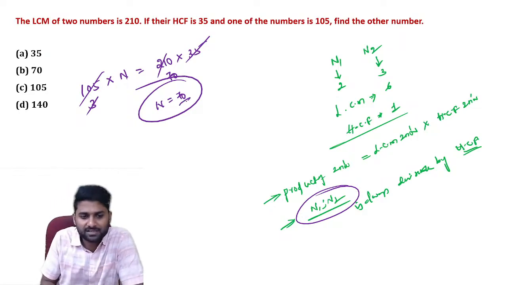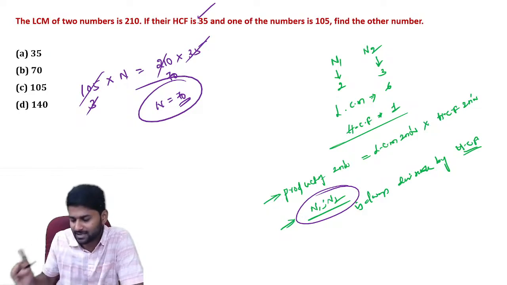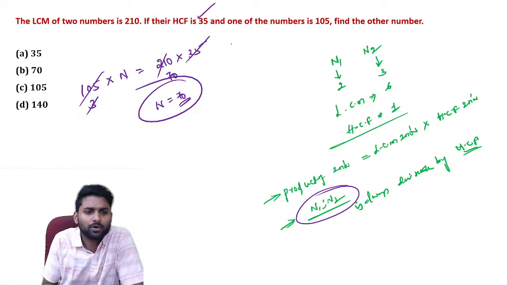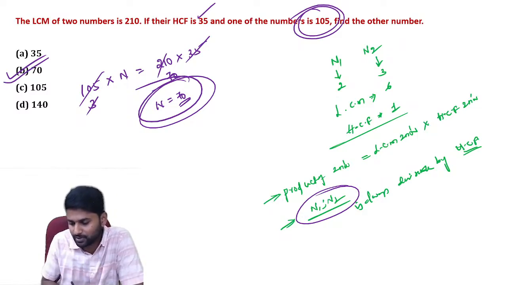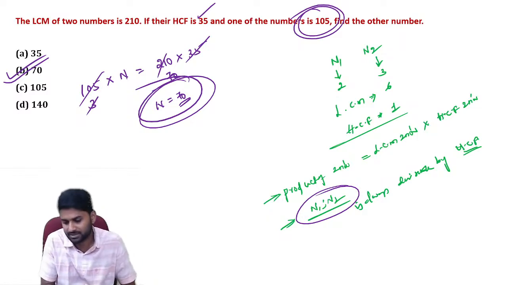If this number is not divisible by 35, definitely you have to choose cannot be determined. But according to this, 105 and 70 are both exactly divisible by the HCF, then you can choose. If it is not, don't choose that answer, choose cannot be determined. So remember this point. And this is one of the previous year questions in the SSC examination. So you should remember that property.